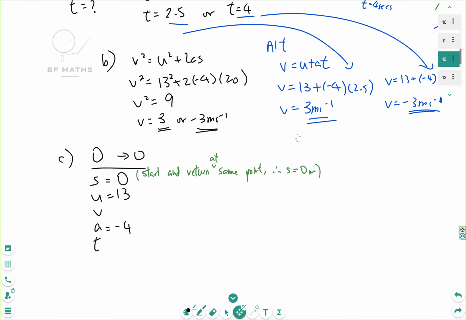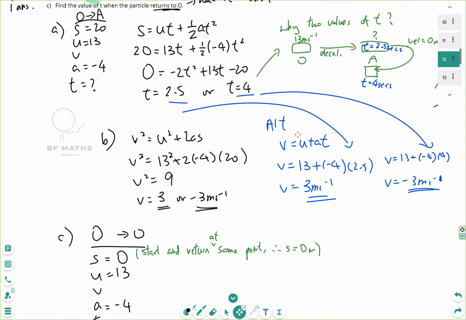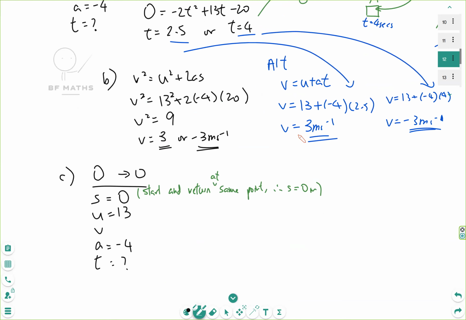Now, what's the question asking? The value of t. Which formula to use? The one without v: s equals ut plus a half at squared. s is 0, u is 13, plus a half times -4 t squared. So 0 equals -2t squared plus 13t.